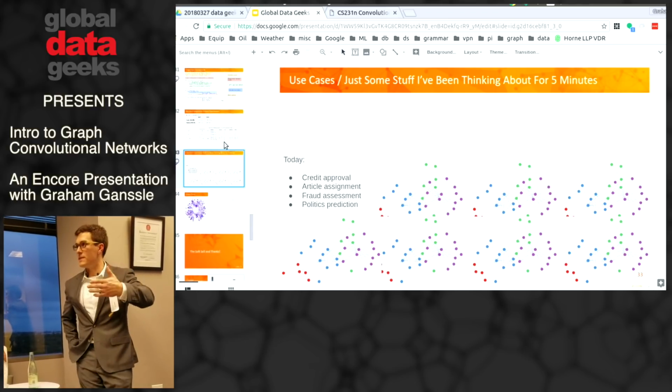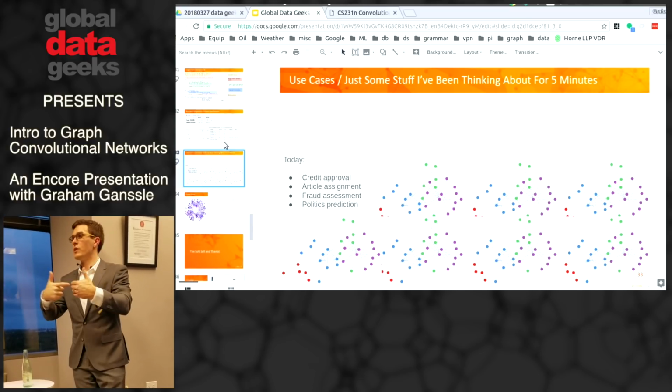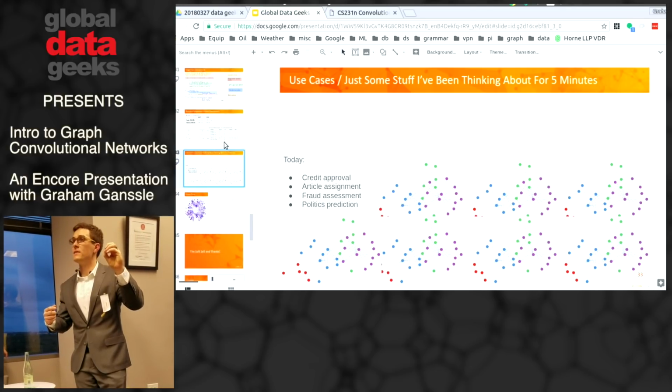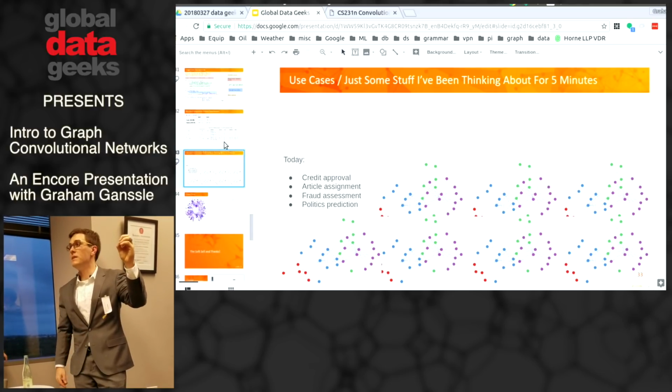Because you have references at the end, and then you also have citations moving the other direction into that paper. So you can build a network, a graph of paper references to each other, and then you can say with high degree of confidence, just because of those relationships, this paper is about beekeeping.